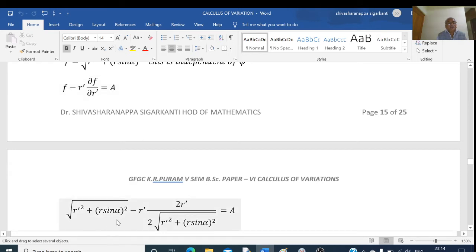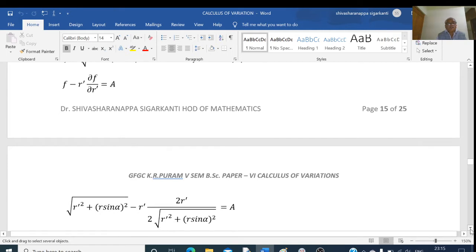Dou f by dou r dash, that is the differentiation of this f with respect to r dash, is 1 by 2 root of r dash square plus (r sin alpha) square, into the derivative of r dash square, which is 2 times r dash. Here 2 gets cancelled. Multiply this equation by the square root of r dash square plus (r sin alpha) whole square.